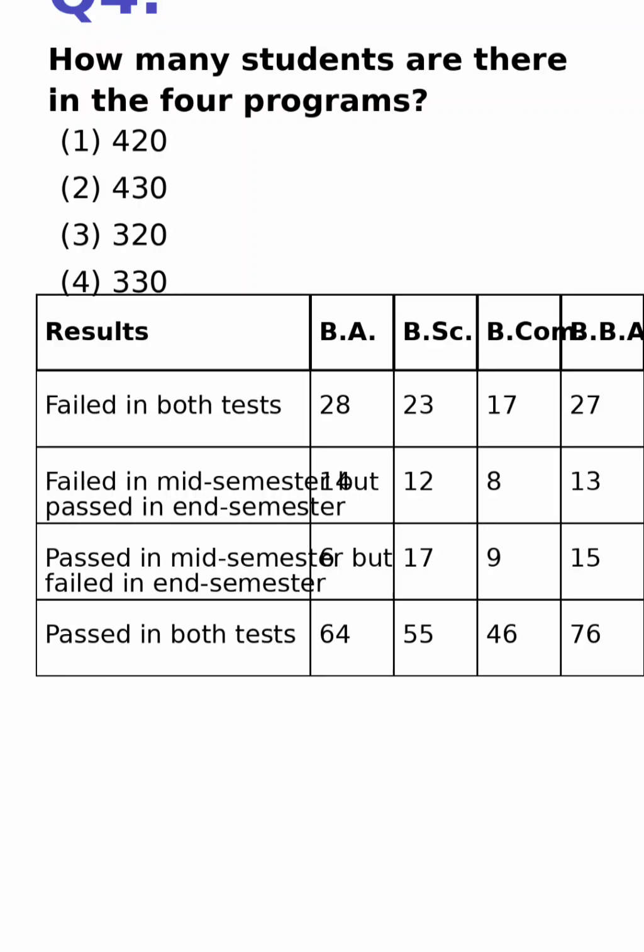Now for BSc, 23 plus 12 plus 17 plus 55 equals 107. For BCom, 17 plus 8 plus 9 plus 46 equals 80.